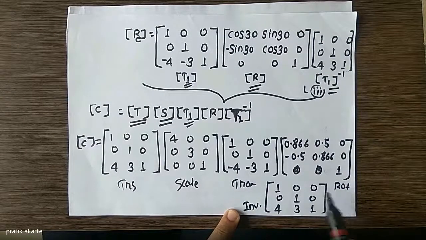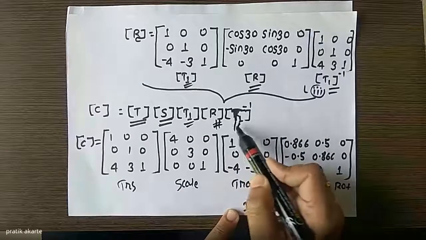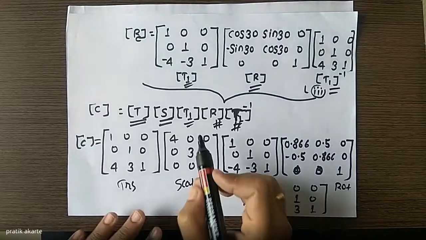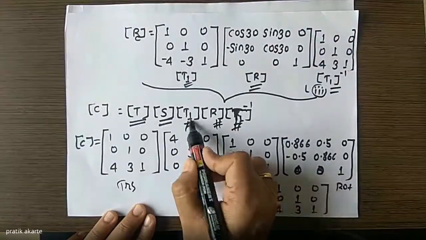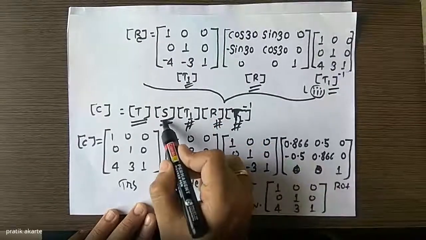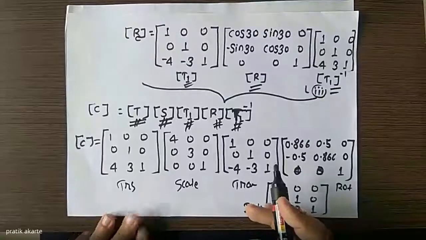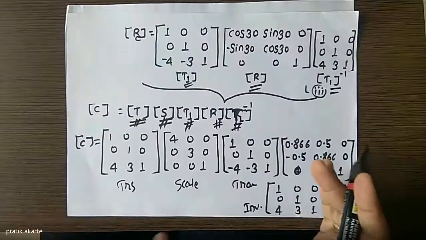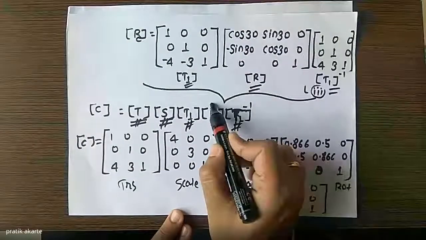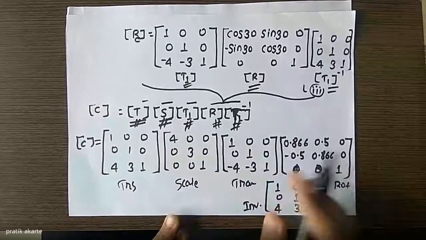First multiply these two matrices, this one and this one. You will get one matrix. Then multiply this combined matrix to this matrix. You will get one matrix. Then again multiply to this matrix and last like this. So from the right hand side you go on multiplying. First these two, then this one, and then this one.